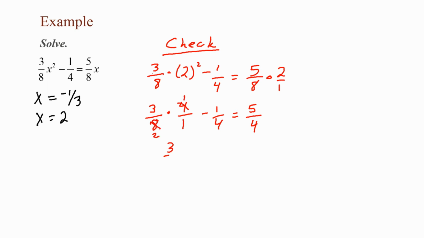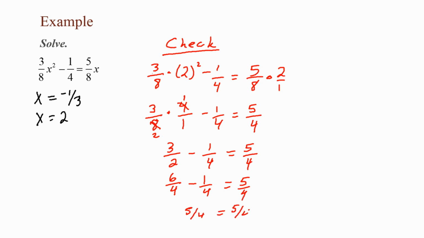So I have 3 over 2 minus 1/4 should equal 5 over 4. 3 over 2 can be rewritten as 6 over 4 minus 1/4 equals 5/4. So 5/4 equals 5/4. So both my answers are correct.